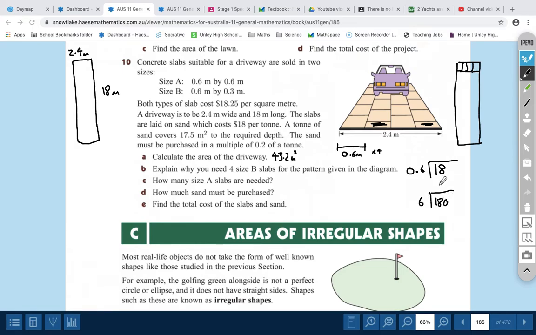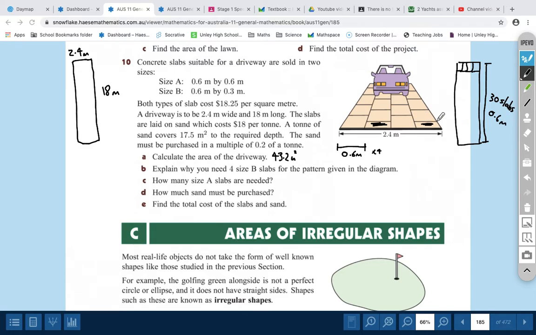Well, 6 into 18 is 3. Add the 0, 30. So that works nicely. So you'd actually fit 30 slabs from there to there. You could have 30 slabs if they're the 0.6 metre slabs, right?